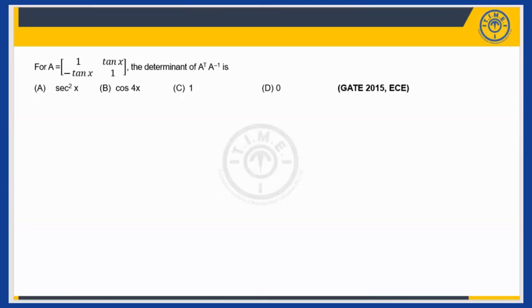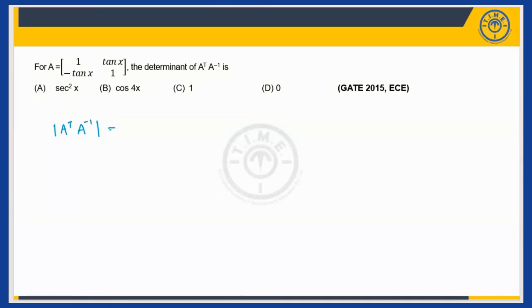So for A equals [1, tan x; negative tan x, 1], the determinant of A transpose into A inverse. Can anyone? So no need of finding anything.